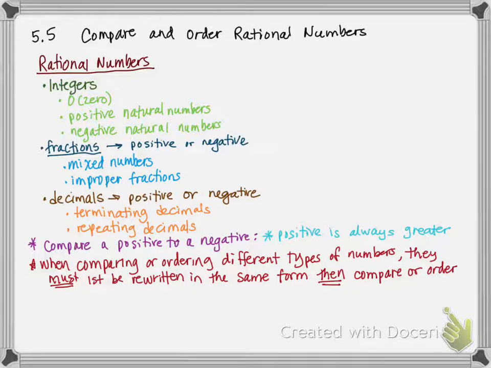So some suggestions are, and I'm going to go back to what I've said before. Convert all to decimals. I think that's straightforward. A little bit more complicated, but still doable, would be to convert all to fractions.